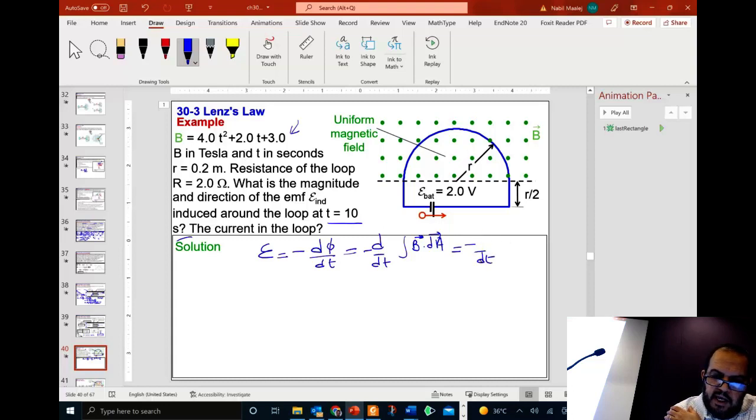Remember, the area in this case is not changing, so let me take it outside the derivative. So it's minus A, the derivative of B with respect to time.